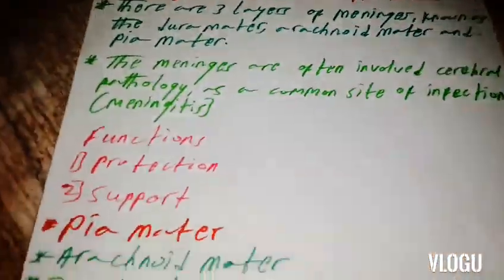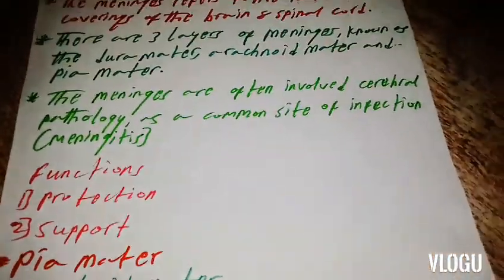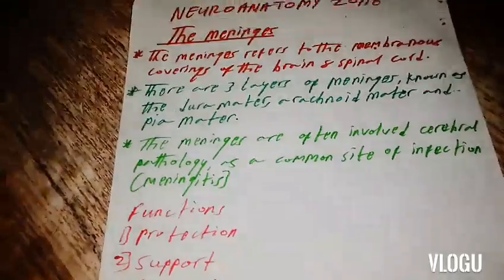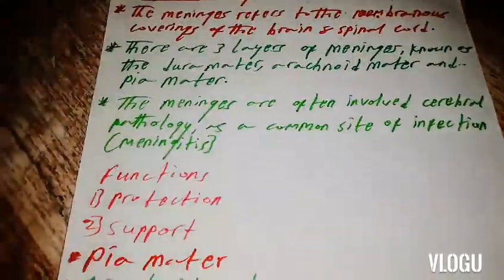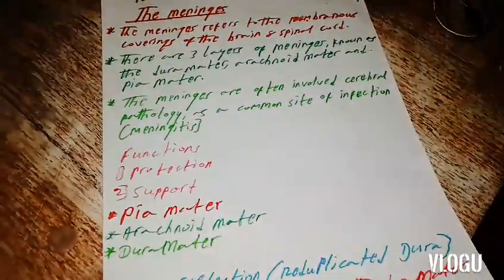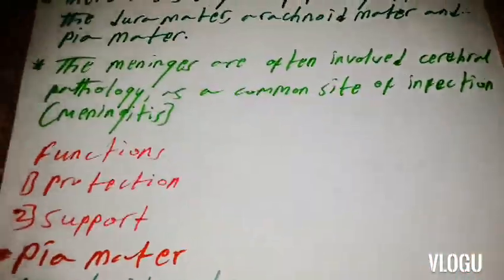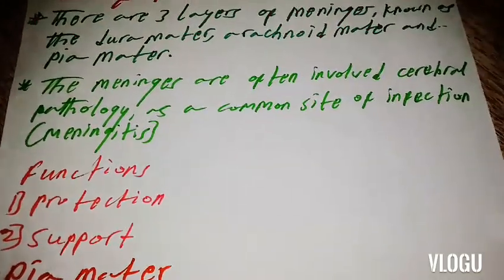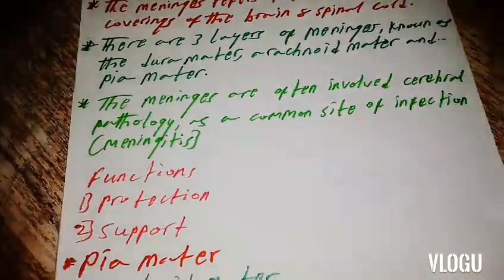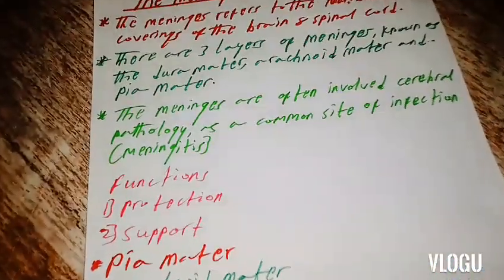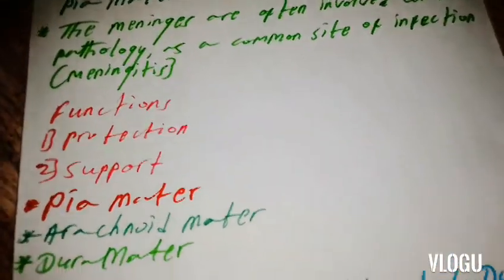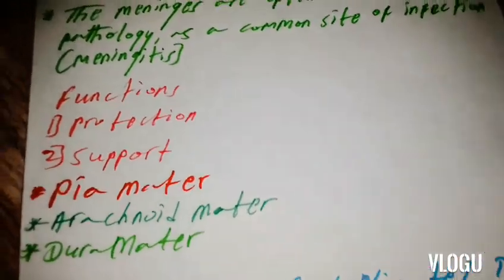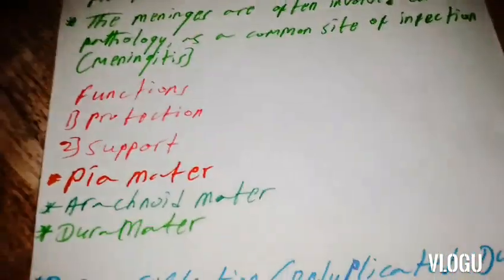The arachnoid matter does not follow the contour of the pia matter. It is web-like in nature, and it does not receive its own blood supply. The arachnoid matter together with the pia matter are sometimes known as leptomeninges. The arachnoid matter is fibrous in nature, but it's not as tough as the dural matter.